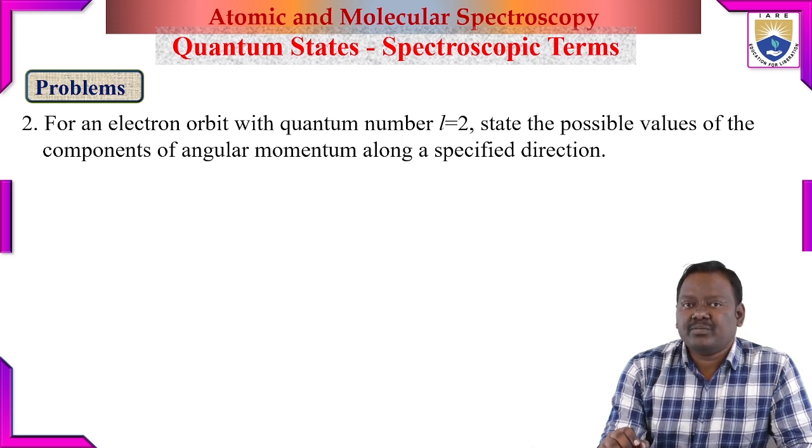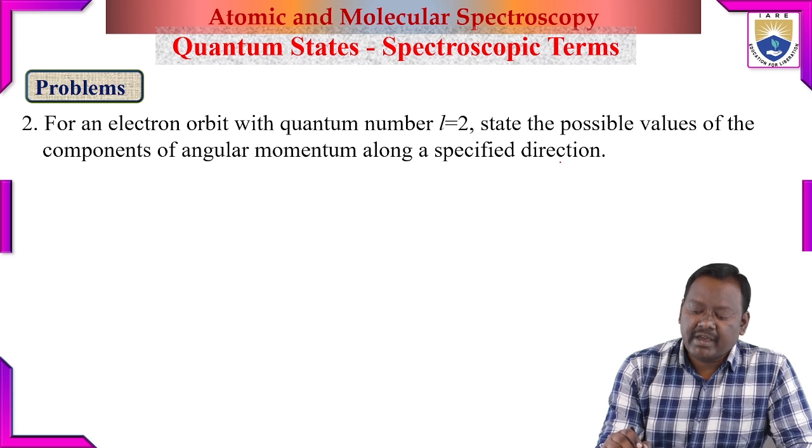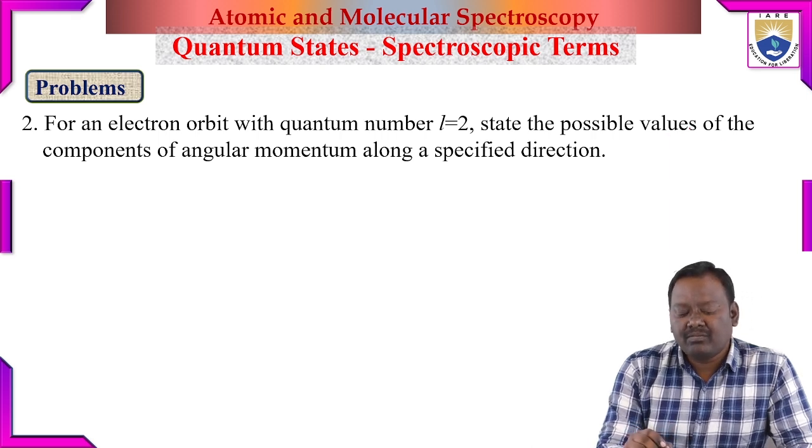So to describe the electron orbit orientation, we take the magnetic field direction. Here also we should represent the possible values of the components of angular momentum in the direction of the magnetic field.